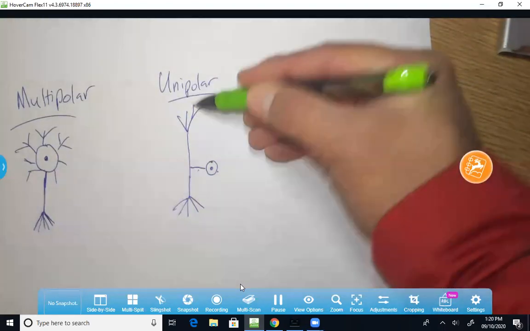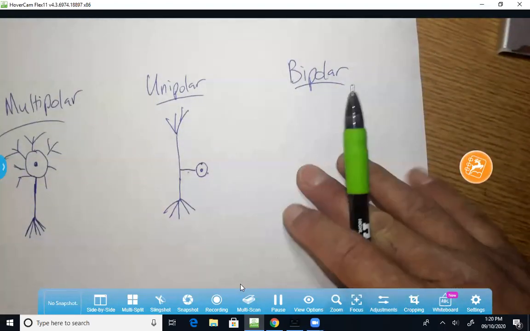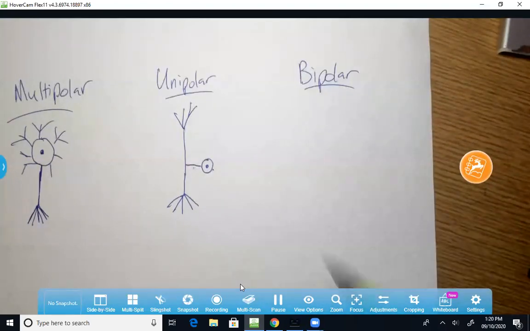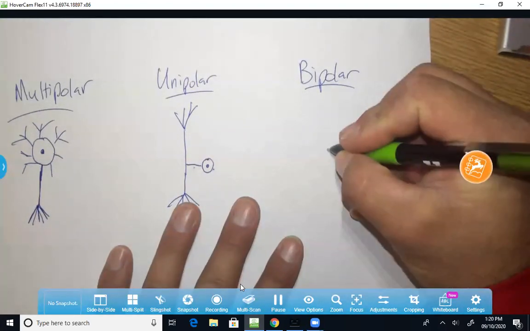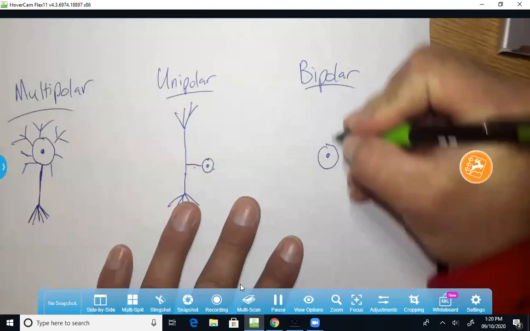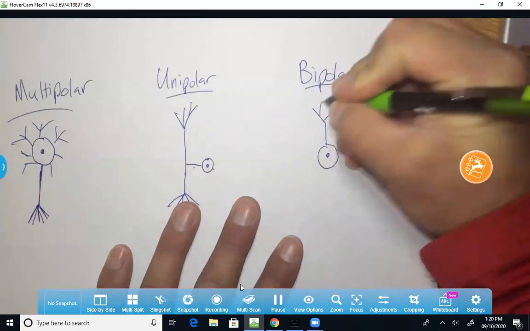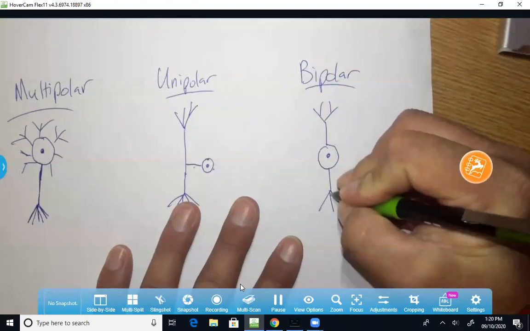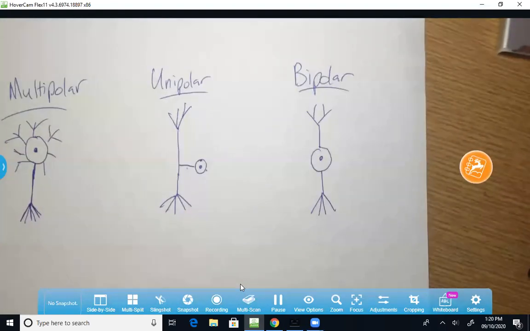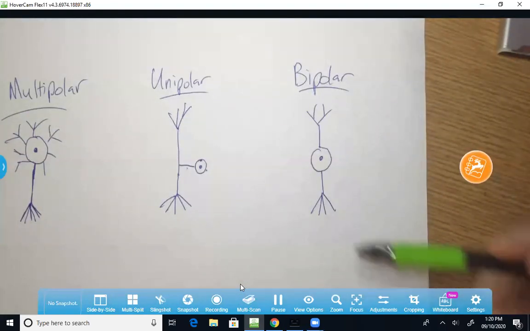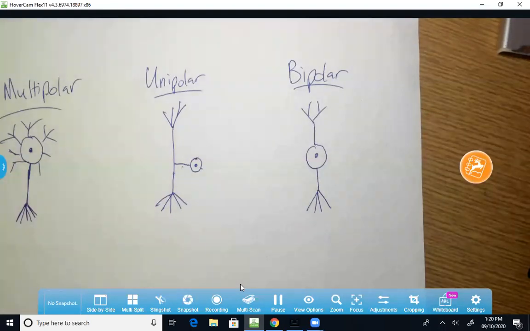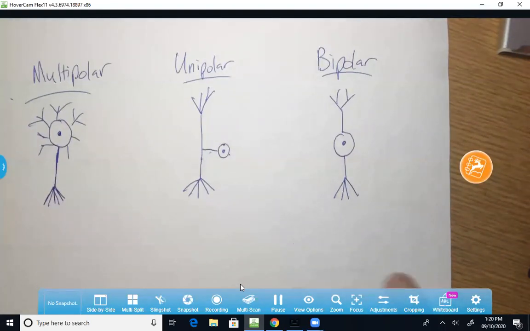These would be the dendrites. These will be the axon terminals. Bi means what? 2. Bipolar neurons look like that, where the cell body is in between 1, 2 extensions.